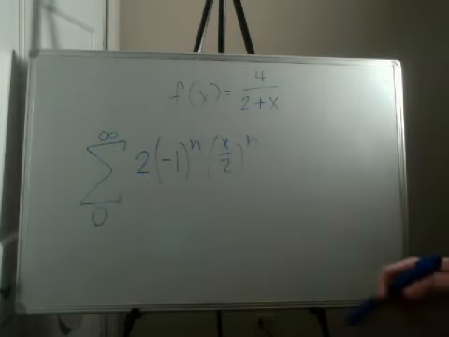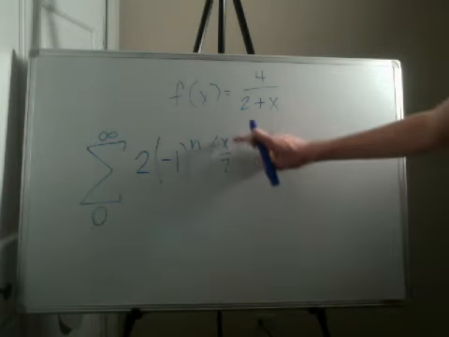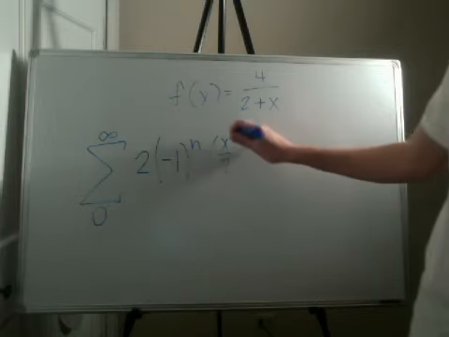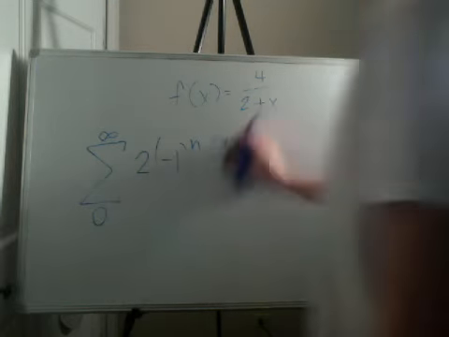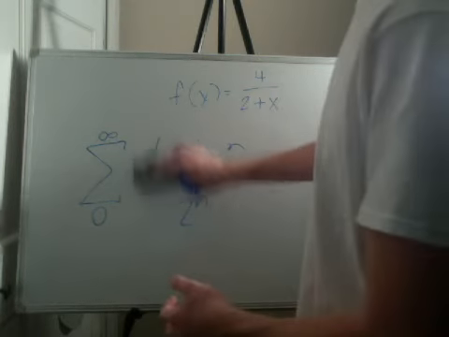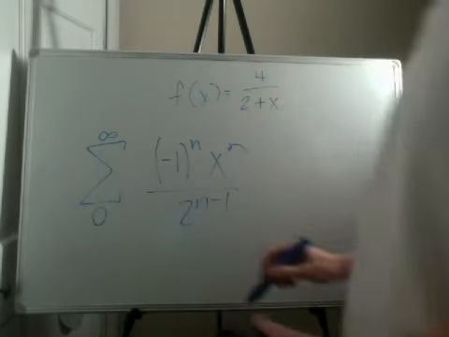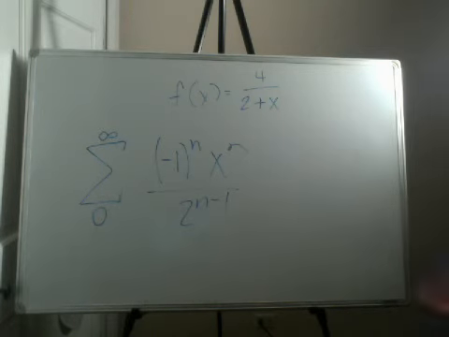If it's x over 2 to the n, then you could also say that this is x to the n over 2 to the n, and therefore you can pull down the 2 to the n, and then you can get rid of this 2 and say that this is n minus 1. We want to have the x to the n kind of by itself, and the reason is because that makes this really simple. You don't have to do that, or the x minus the center by itself.